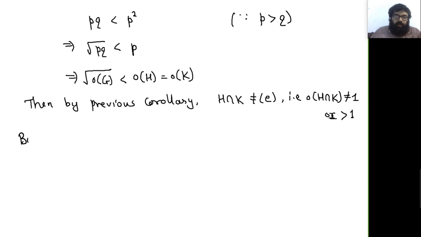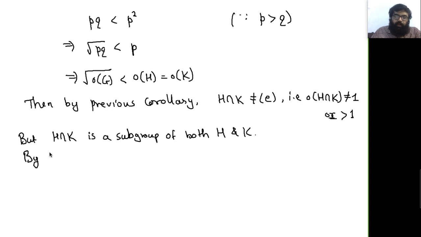But we know that H intersection K is a subgroup of H as well as a subgroup of K. So by Lagrange's theorem, the order of a subgroup divides the order of the group.